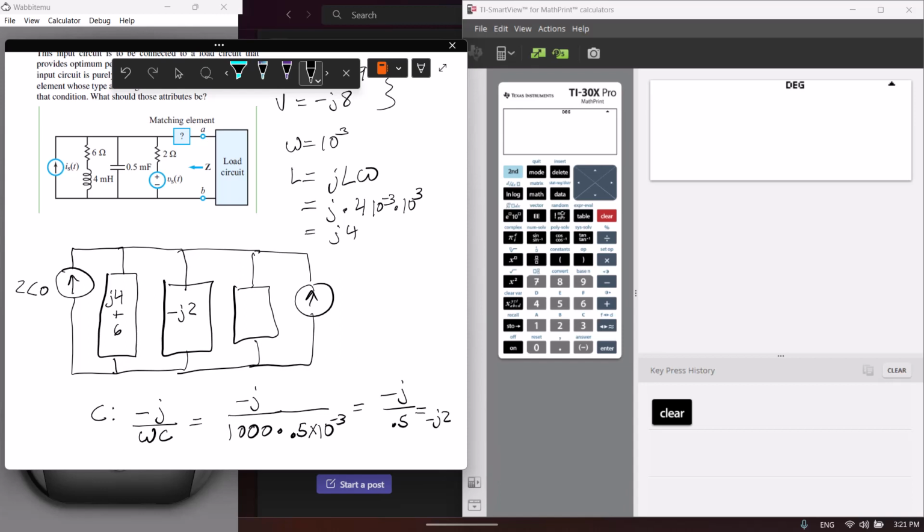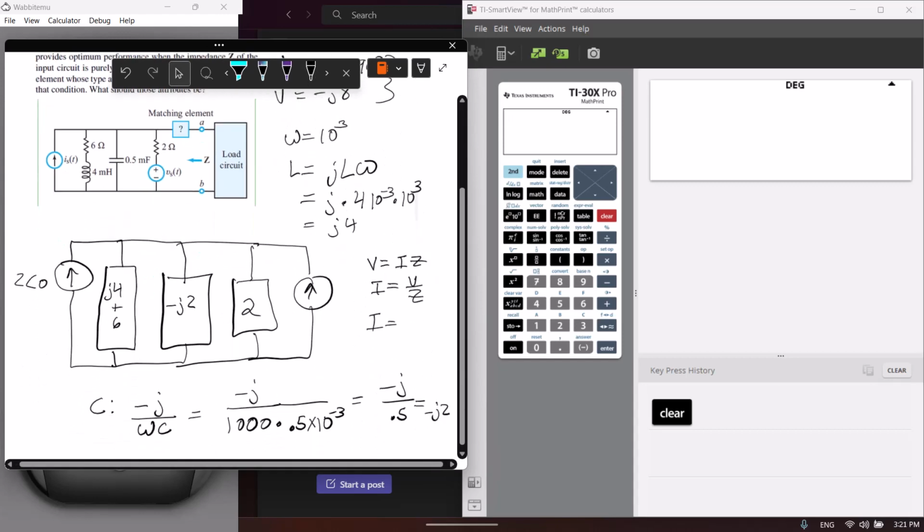A voltage source and a resistor in series become a current source and a resistor in parallel, or an impedance in parallel. And so the resistor is just a resistor. It doesn't change. It's 2. And then I use V equals IZ to find out what my current source should be, or I equals V over Z. And V was minus J8.